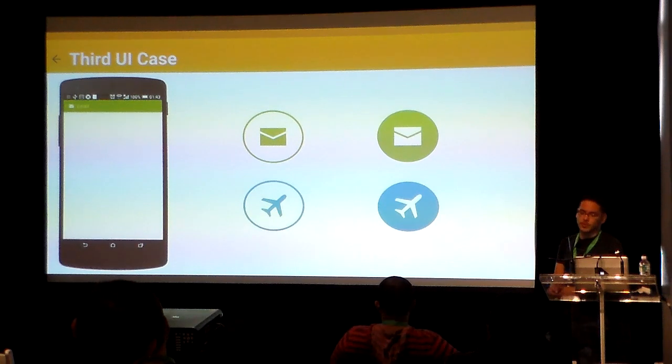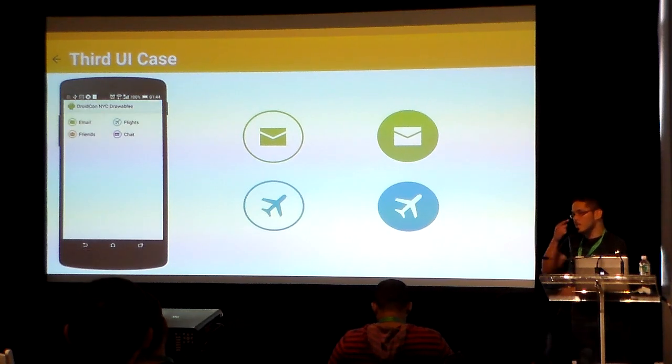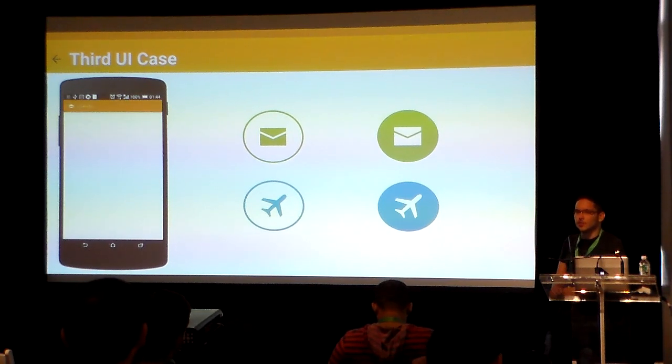We could have an icon email green, and then an icon email white. And we can play the same way we just did, using layer list and shape drawables and all that stuff. But still, for each icon that I have in my application, I'm going to have two different resources. It's not a very good approach.